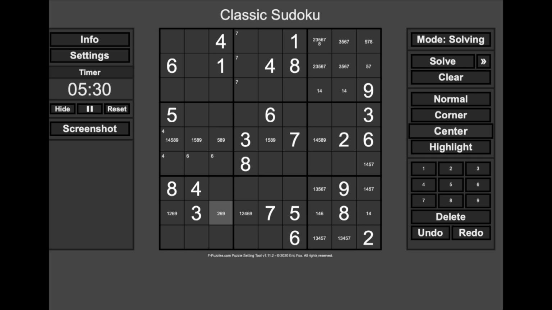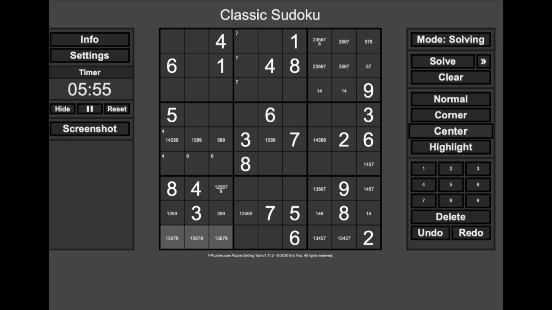That's not 1. Let's see. These cells down here cannot be 3, 4, or 8, but they could be 1, 2, 5, 6, 7, or 9.